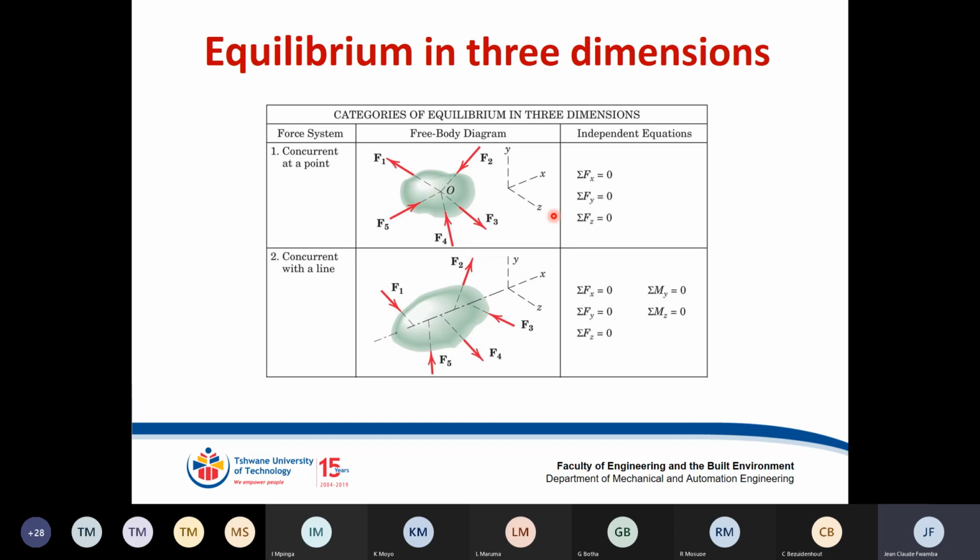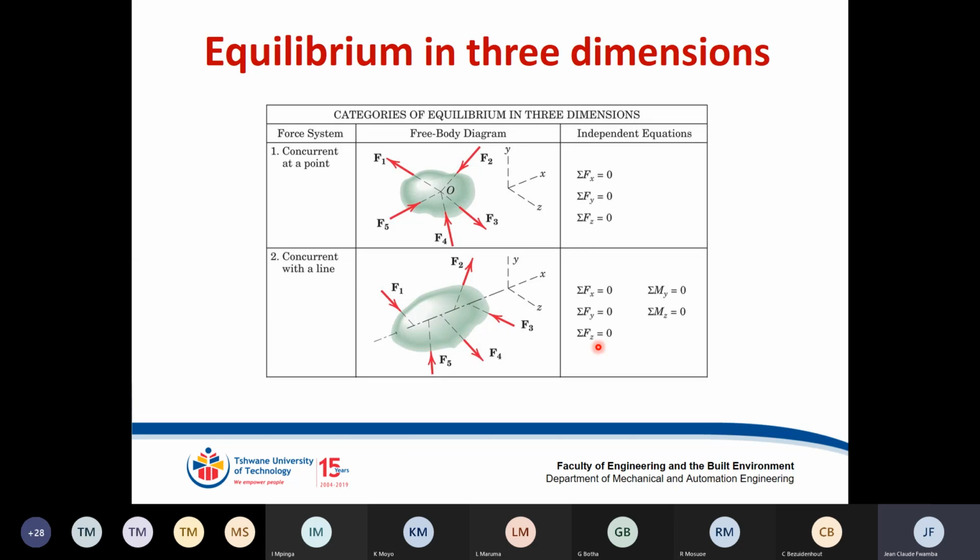All right. Position 2. Now, if those forces are concurrent with a line, which is the setup here, the 3 equations will still be applicable, right? In terms of sum of X, sum of Y, and sum of Z, each one equal to 0.